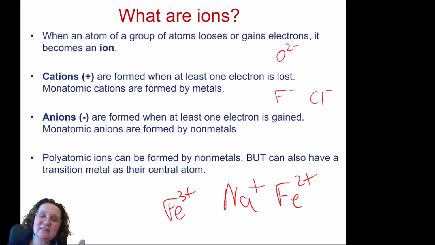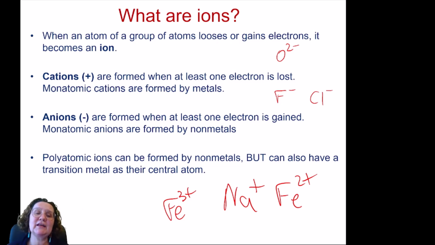And things get a bit interesting in there, and it's beyond the scope of this module, but I will introduce it here because you're going to come across that everywhere. And sometimes they are formed by only non-metals, but sometimes they can have a metal as their central ion, and that tends to be always a transition metal.